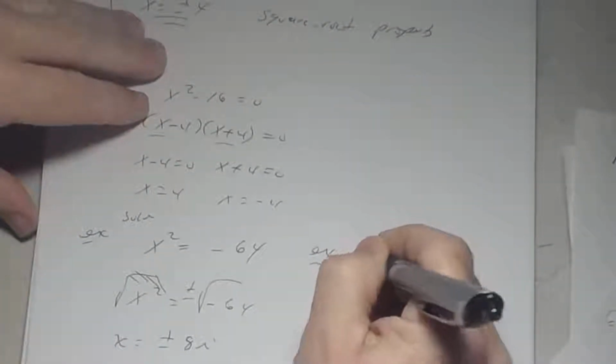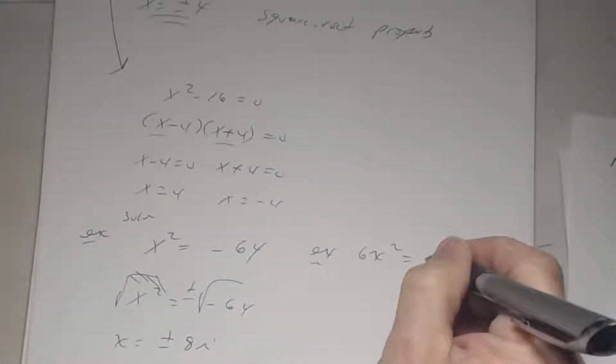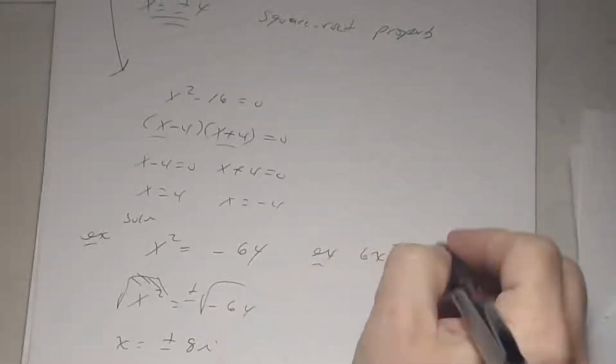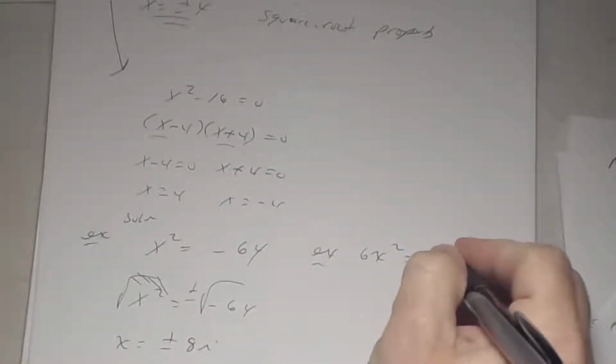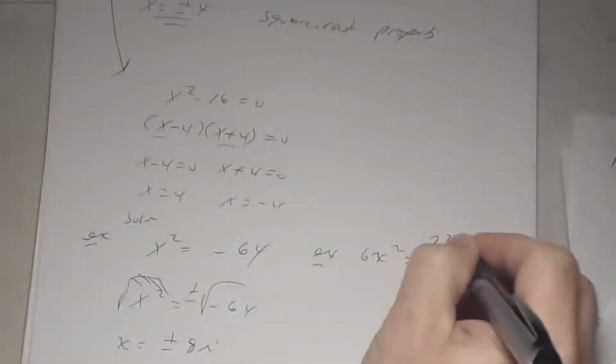Now, when you look at something like this example, what if you had 6x squared equal, let's see, 12 times 6 is what? 72. All right, let's say you had 6x squared equals 72.